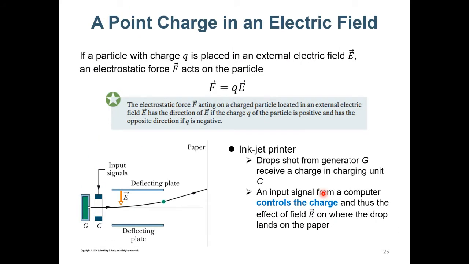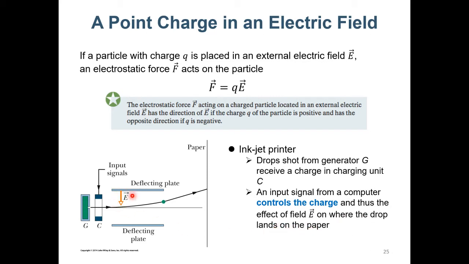The inkjet printer drop is shot from the generator G, meaning the generator, not green. It receives a charge in the charge unit, and an input signal from a computer controls the charge, and thus the effect of the field on where the drop lands on the paper.